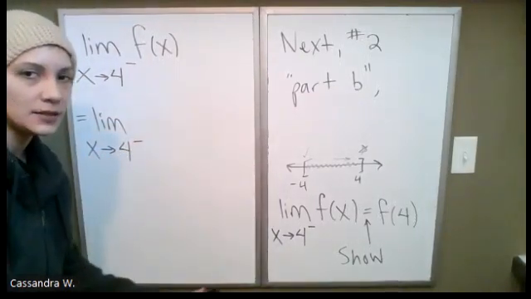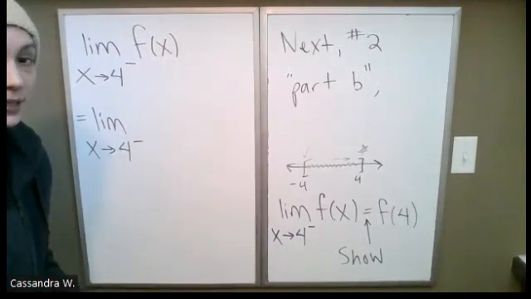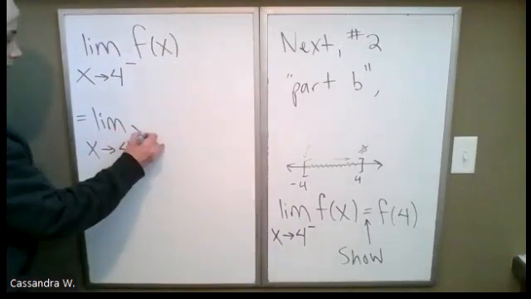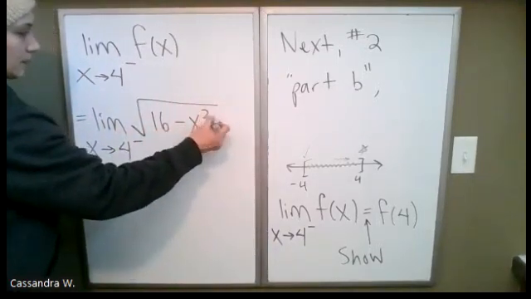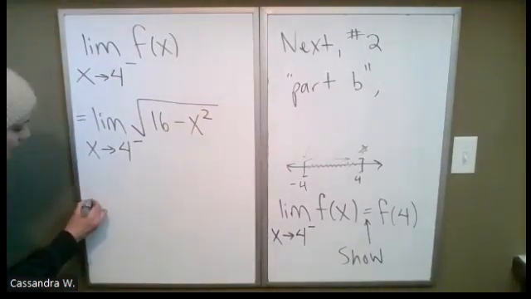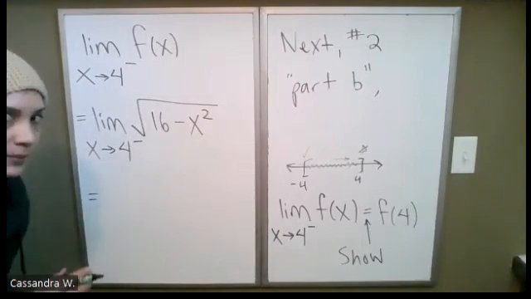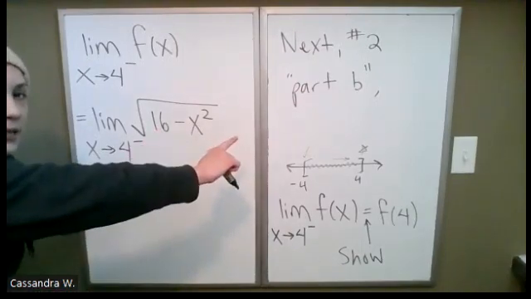Okay, so it's the limit as x goes to 4 from the left of the root of 16 minus x squared. Bring the limit under the root. Take the root of the limit as x goes to 4 from the left of 16 minus x squared.